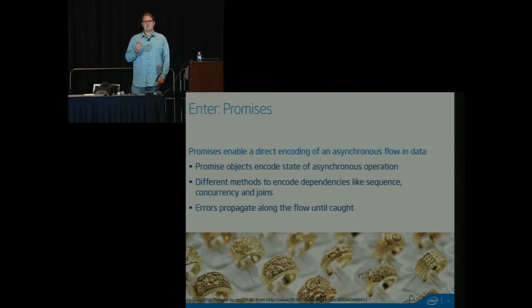You have some methods on these objects that allow you to encode dependencies. Like you have a sequence, something has to start after something else. Or you have joins. Once all this has completed, I want to do something else. And the really important thing, I believe, is errors simply propagate along these flows without you having to do anything about it. And that's very, very powerful.